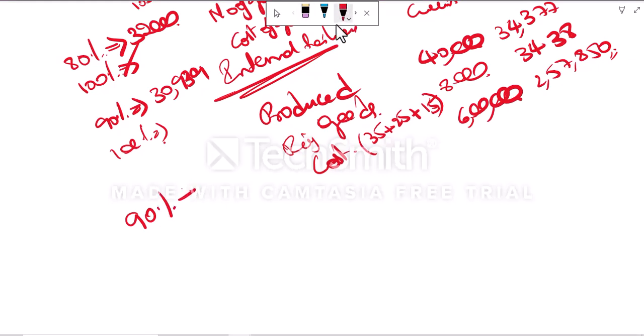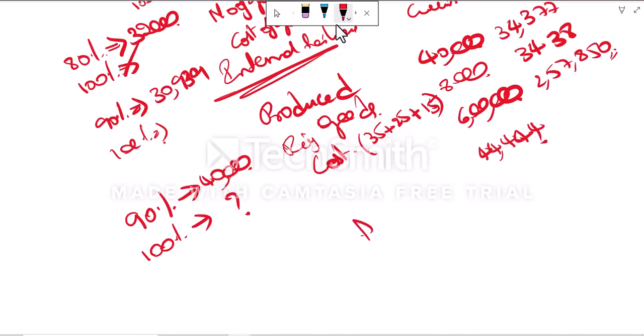90% of the raw material is related to 40,000, which is good. Means 100% we have purchased, no? What is the cost of 100%? 40,000 into 100 by 90. This is the actual goods we have purchased. Actual purchases.